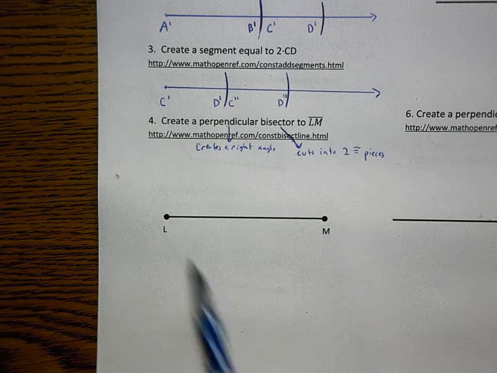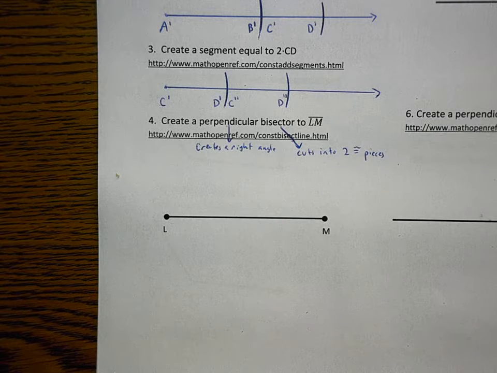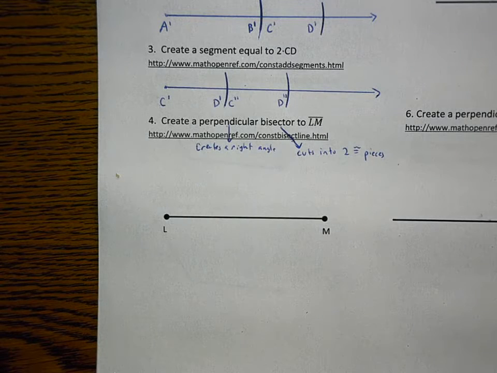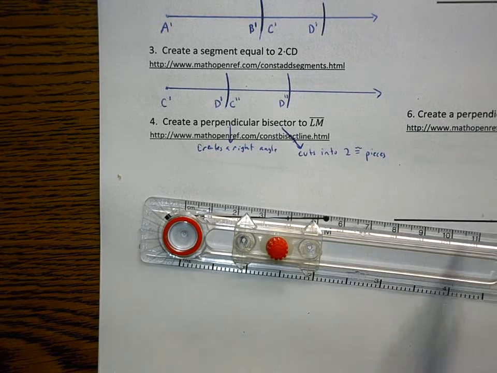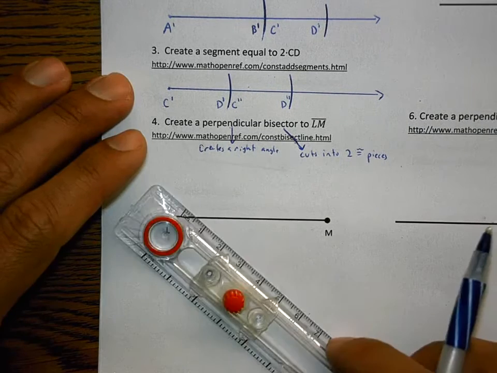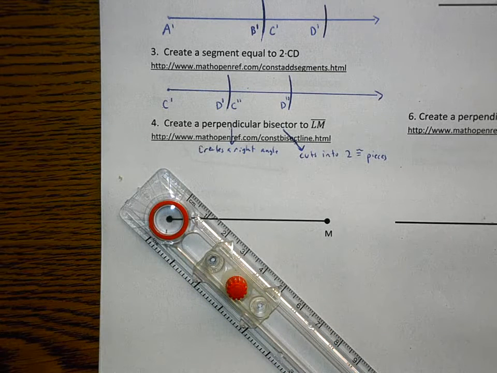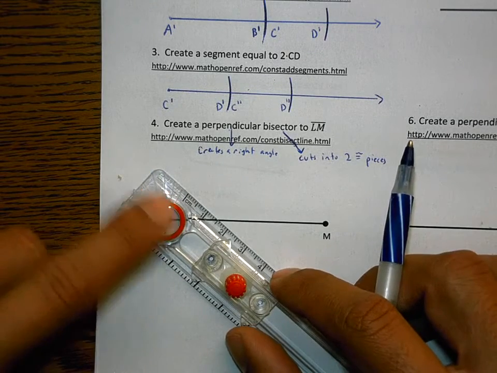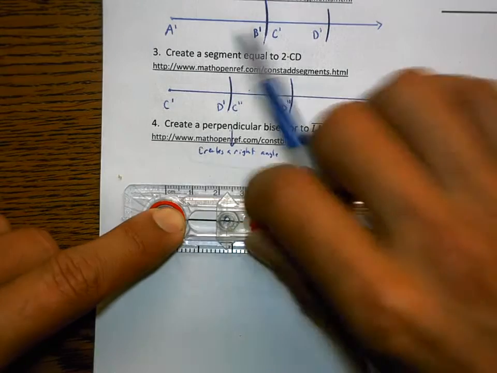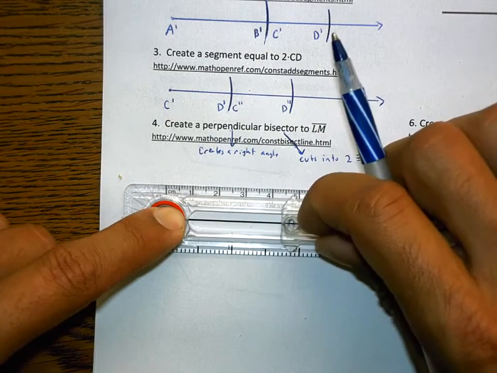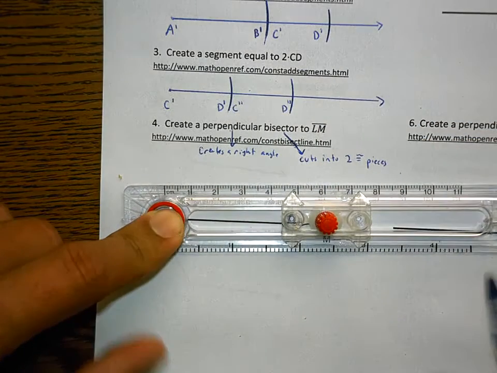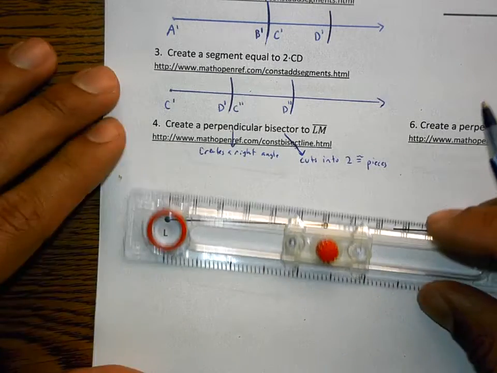On number 4, we have 2 points. I have point L and I have point M. What I want you to do is put your bullseye on L, and open up your slider to be more than halfway to M. And write yourself a little note here.